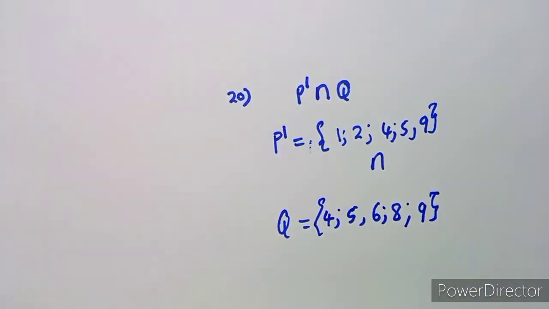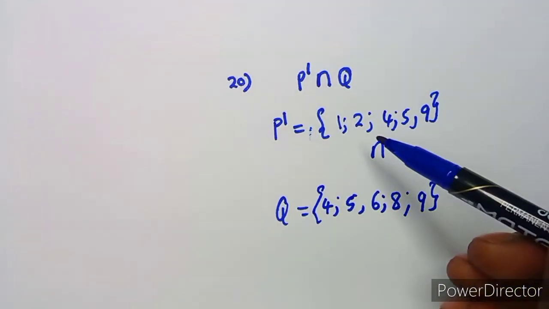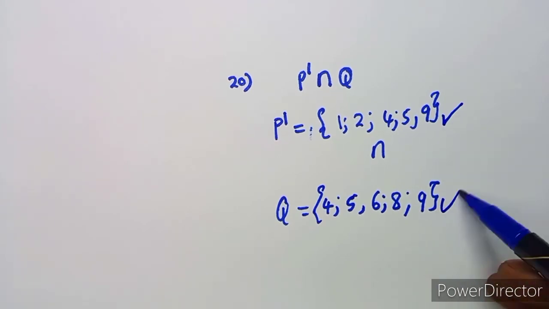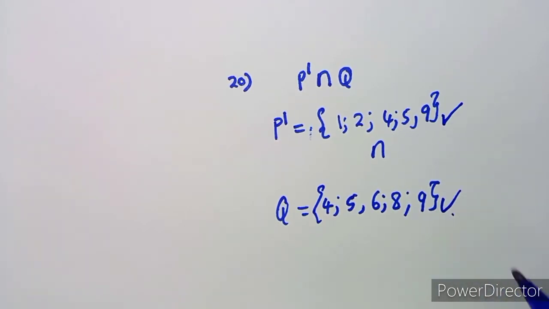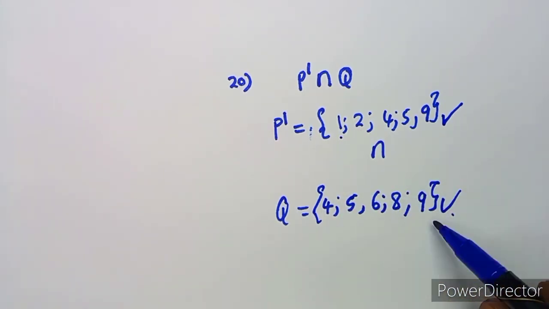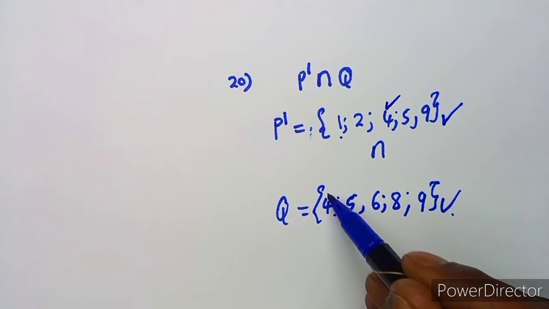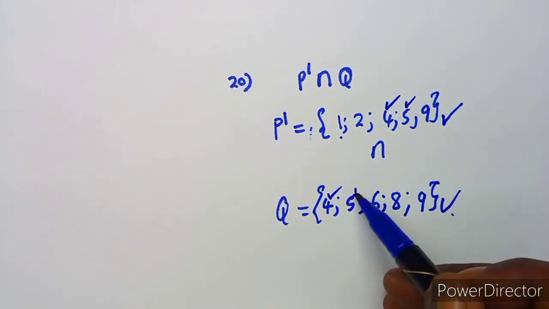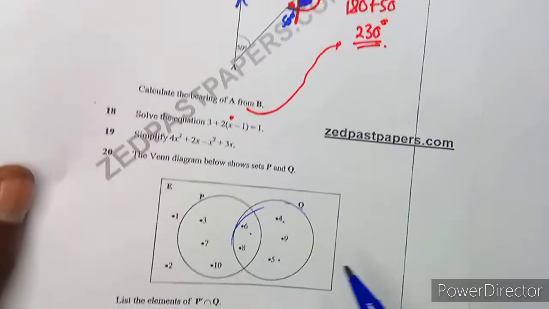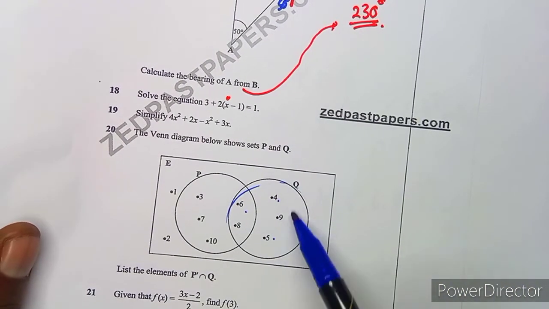Okay, so we know that intersection, these are the elements that you can see in this set and also in this set. So which elements are those? 1, we do not have it here. 2, we do not have it here. 4, we have got 4 here. 5, we have got 5 here. 9, we've got 9 here. So as we can see, we are still obtaining the same answer that I talked about here.